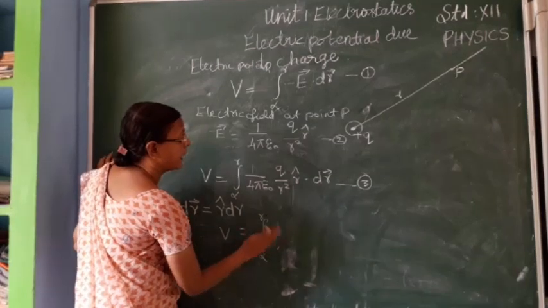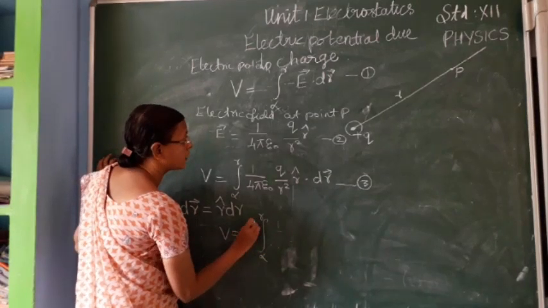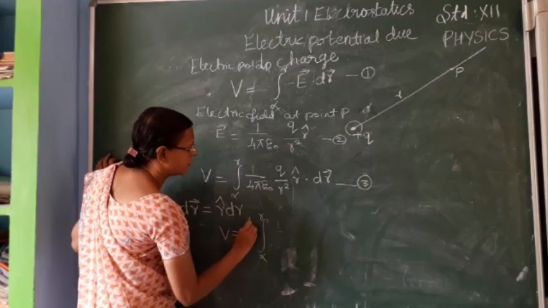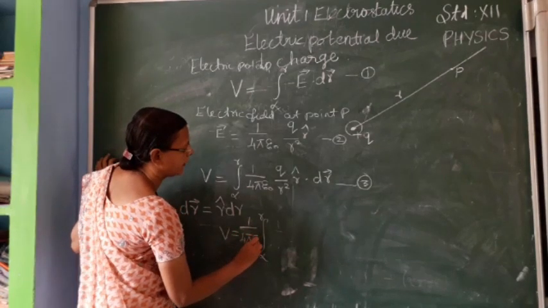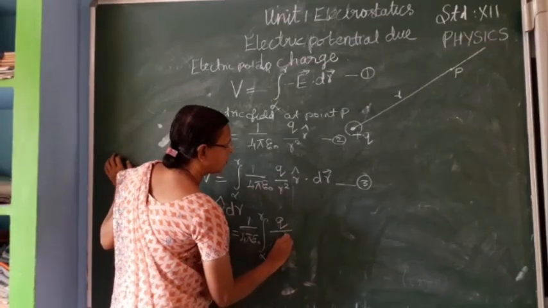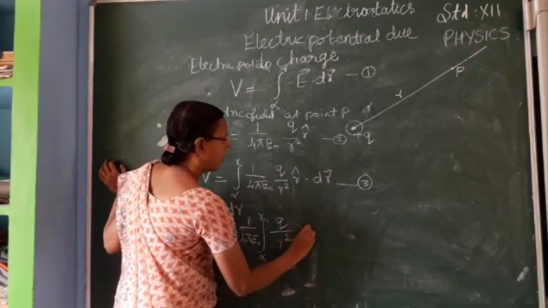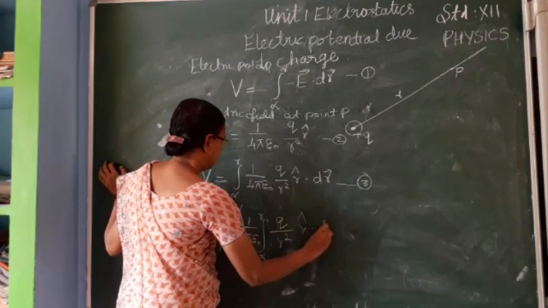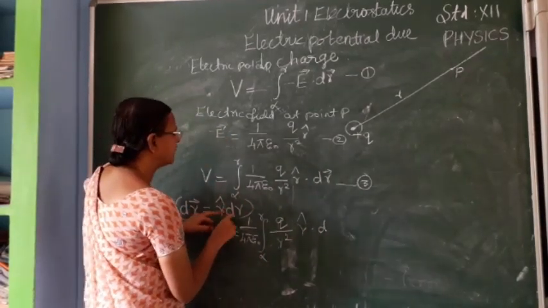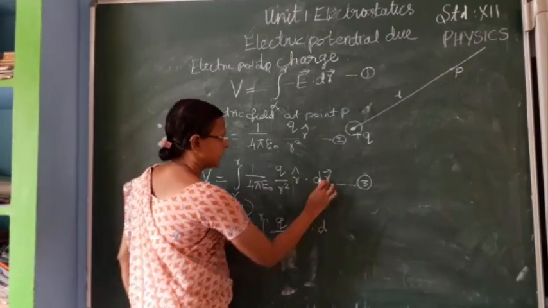This 1 by 4 pi epsilon 0 we can take outside, and this Q also we can take outside. Q divided by R square, R cap dot, and we substitute R cap dr instead of dr vector.